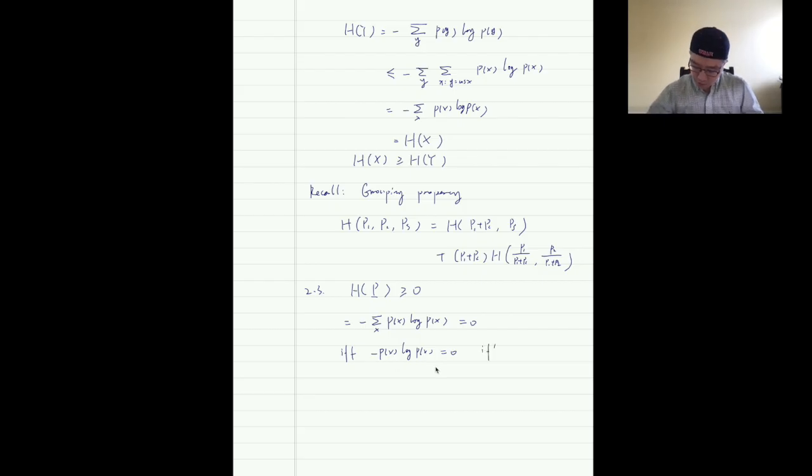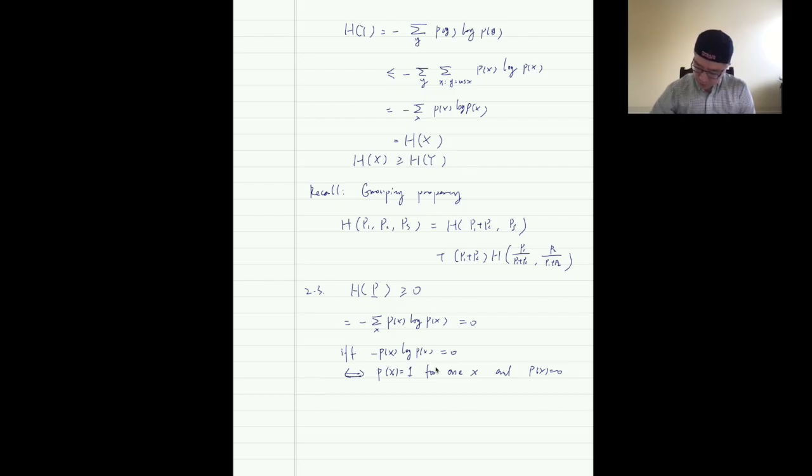So if and only if, let me write this notation, it means if and only if. So P(x) is 1 for some x, and P(x') is 0, let's say for x' not equal to x.